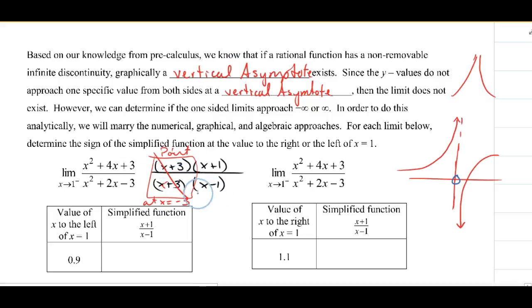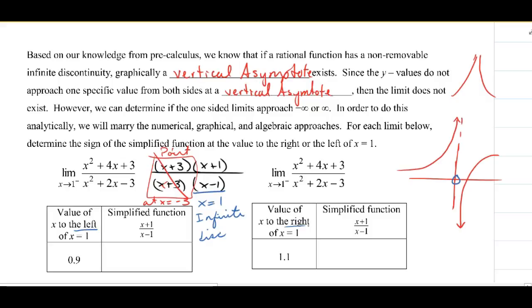Then I have this factor left in the denominator. At x equals 1, I have an infinite discontinuity, which means the two-sided limit does not exist, but I can find my left limit, my value from the left, and my right limit, my value on the right.